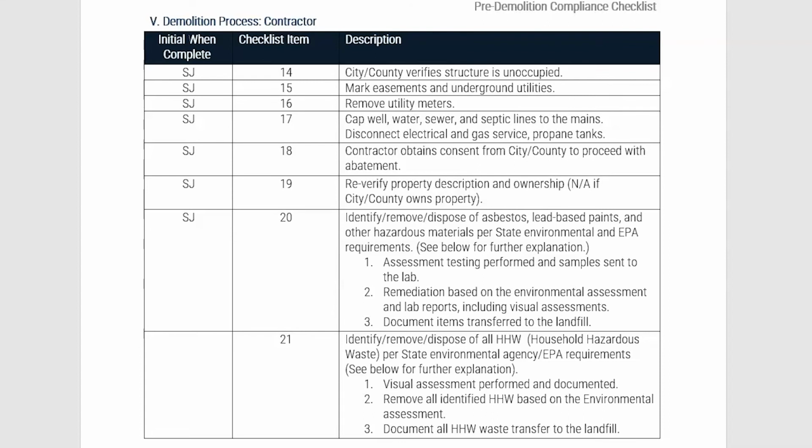For example, subrecipients should ensure that a virtual assessment has been performed and documented, noting all household hazardous waste, and that all hazardous waste identified in the environmental review is removed and properly disposed of. Subrecipients should file copies of all receipts of waste transferred to the landfill. Once these items have been confirmed, the subrecipient can initial.